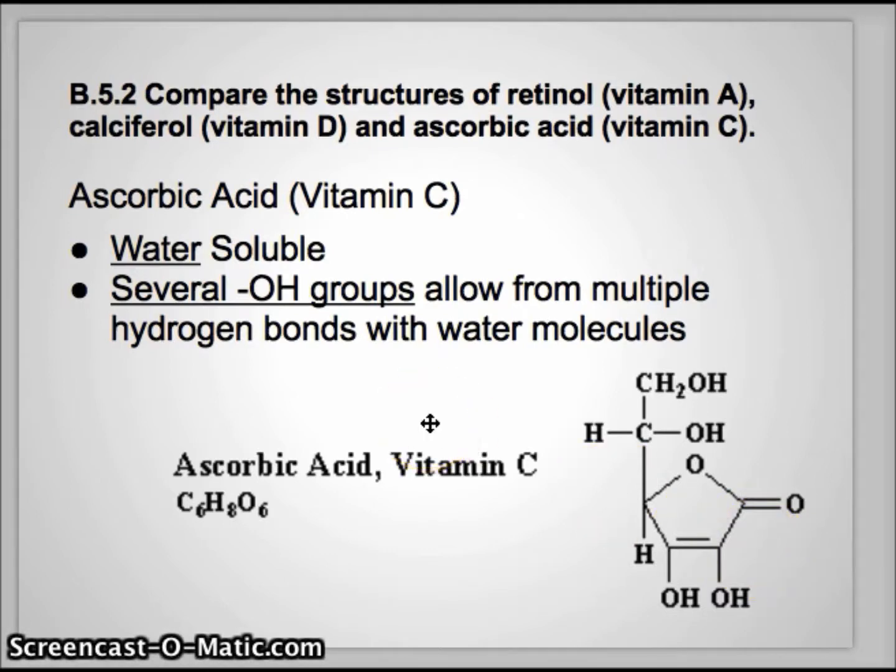And now, the importance of all these OH groups is not only does vitamin C, out of the three we're looking at, have the most OH groups at 4, it has a lot of polar bonds, which means it can make bonds with hydrogen, and the old saying that like dissolves like is coming back into play here, and so this means it's water-soluble.